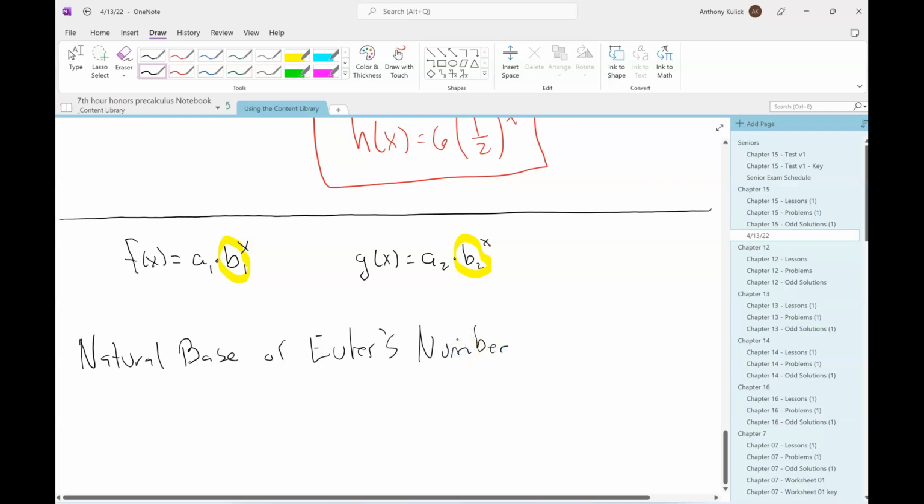Again, we would have talked about this last year. The symbol we use to abbreviate this number is the letter E, the lowercase letter e. This lowercase letter e is the limit as x approaches infinity of 1 plus 1 over x to the x, and it's equal to the irrational number 2.7182818, yada, yada, yada.